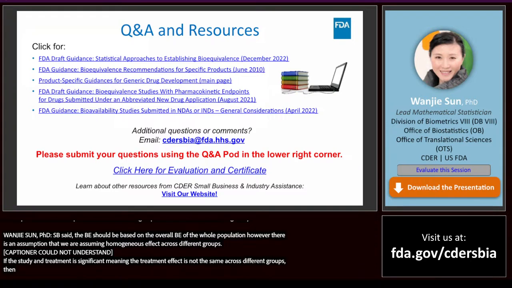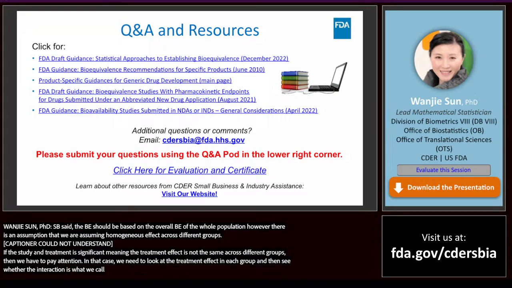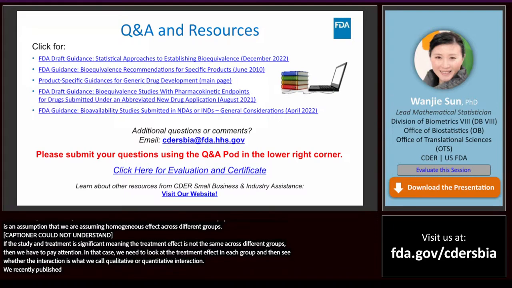In that case, we need to look at the treatment effect in each group and see whether the interaction term is what we call a qualitative interaction term or a quantitative interaction term. We recently published a paper in Statistics in Biopharmaceutical Research: qualitative versus quantitative treatment by subgroup interaction in equivalence studies with multiple subgroups.